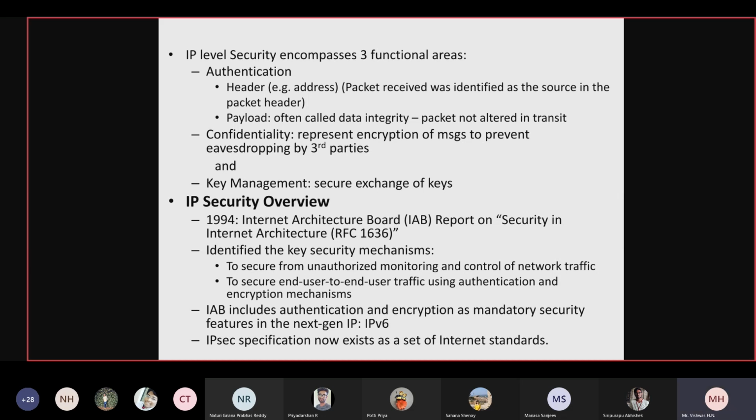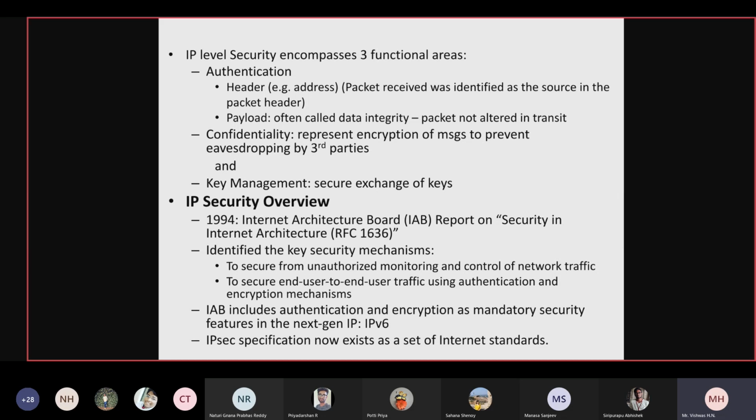So, IP security overview. The Internet Architecture Board, IAB, in 1994 reported on security in Internet architecture. It identified the key security mechanisms to secure against unauthorized monitoring and control of network traffic, and to secure end user traffic using authentication and encryption mechanisms.